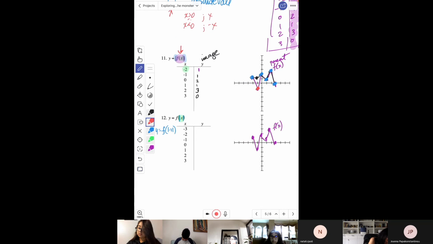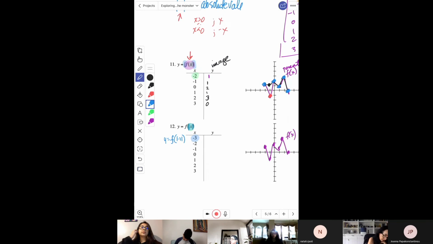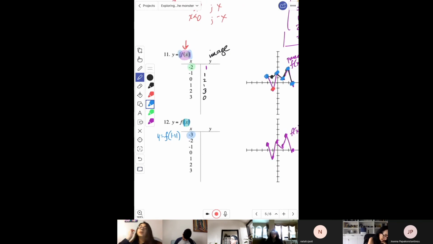Okay, now in the next one, you're first taking the absolute value of x. So you're taking the absolute value of x, and then you're looking at the function at that new x value. So the first step in number 12 would be to take the absolute value of -3.